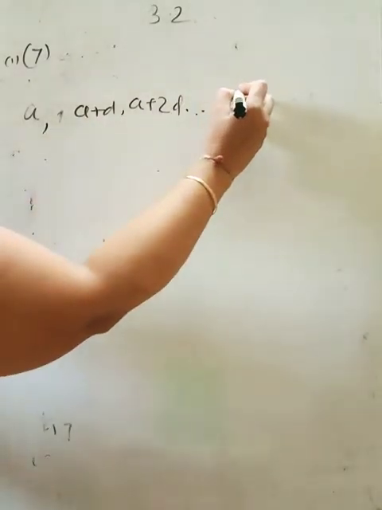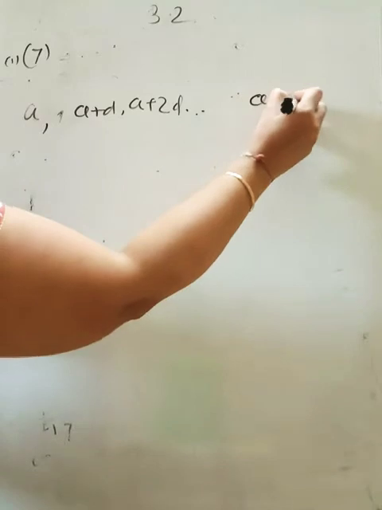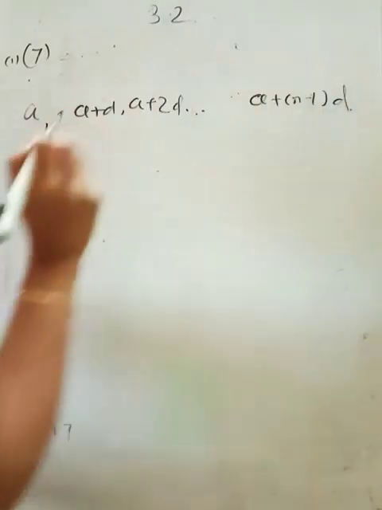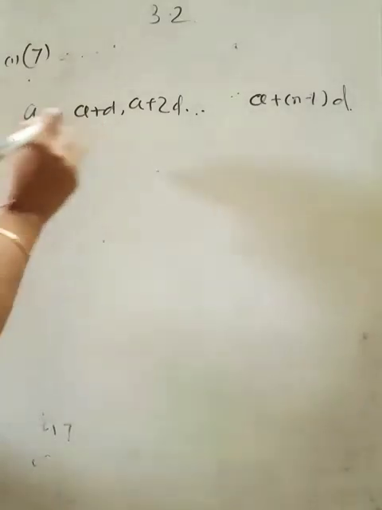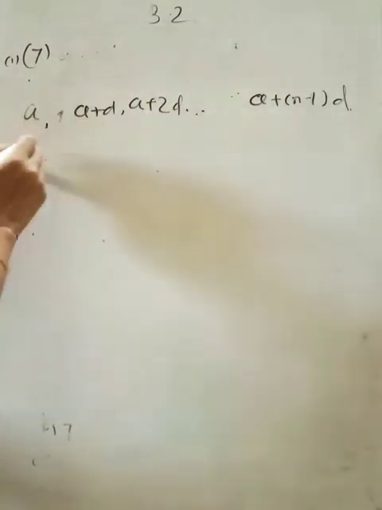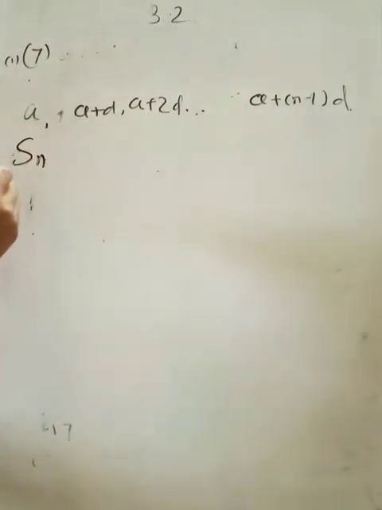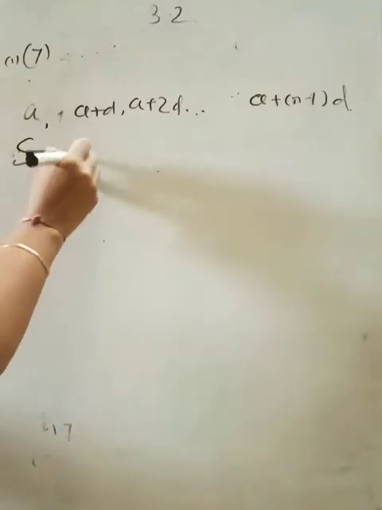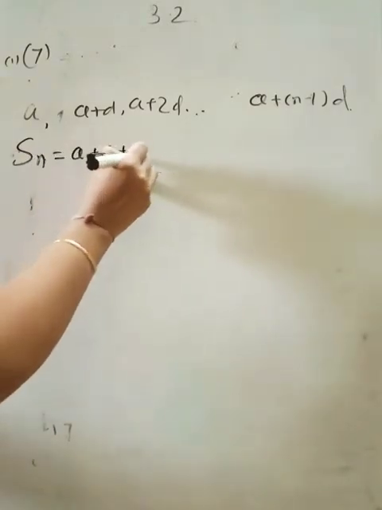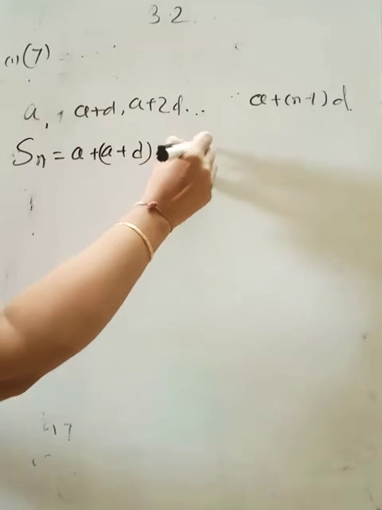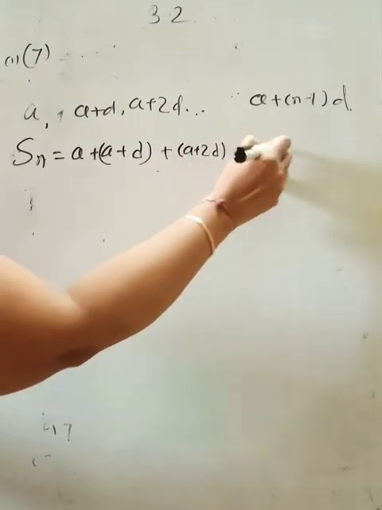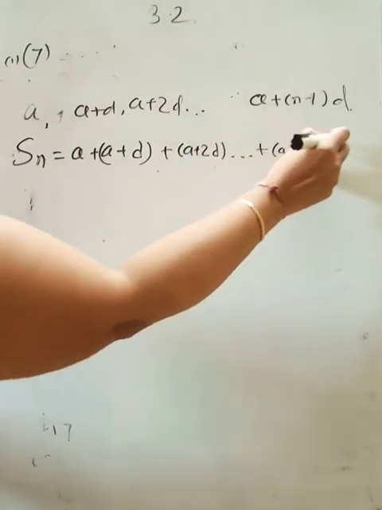The nth term will be A plus n minus 1 into D. Correct? And suppose you wanted to do the sum of this as n terms, let me denote it with Sn. So how will you do Sn? Sn will be A plus A plus D plus A plus 2D and so on, plus A plus n minus 1 into D.